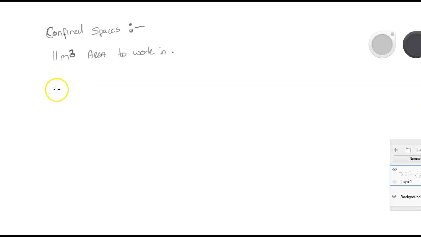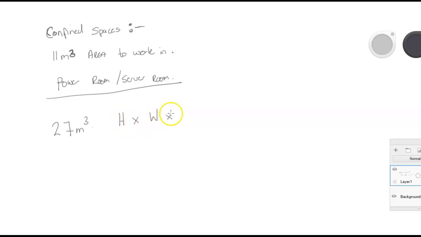We'll say, for instance, that you're working in a power room or a server room. You measure it, and it is, we'll say, 27 meters cubed. You measure the height, the width, times the length, and that will give you your meters cubed.